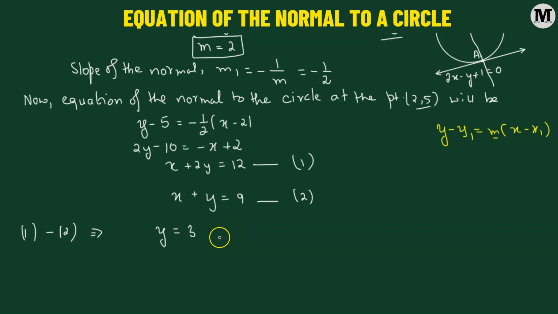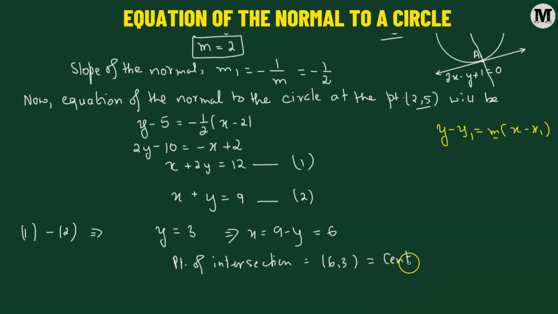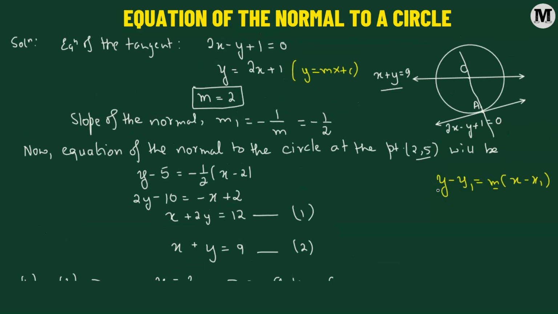Now that we have y equals 3, the x value will be 9 minus y, so replacing y with 3, we get x equals 6. So the point of intersection of the two straight lines is (6, 3), and this is nothing but the coordinates of the center of the circle. So the center of the circle is at (6, 3).